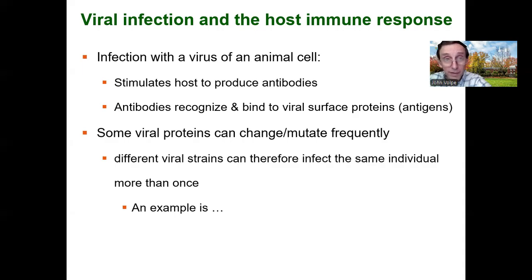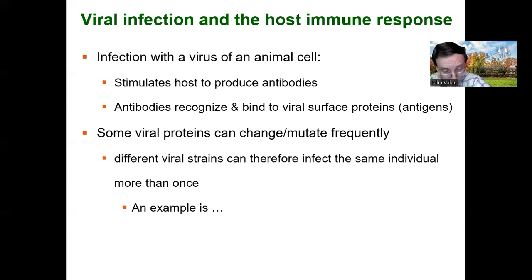Both of these viruses change their antigens, their viral proteins, fairly frequently, in which case new strains can arise, which can then infect the same individual. The flu, maybe we'll talk a little bit about it, is even more rapid in change than COVID-19.